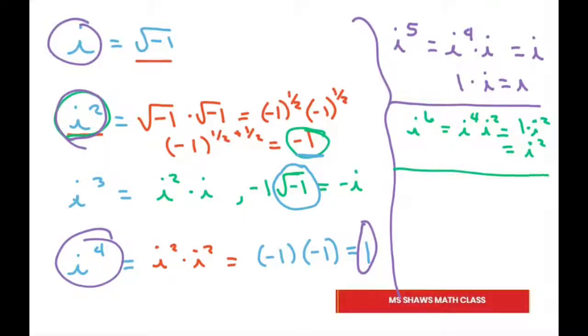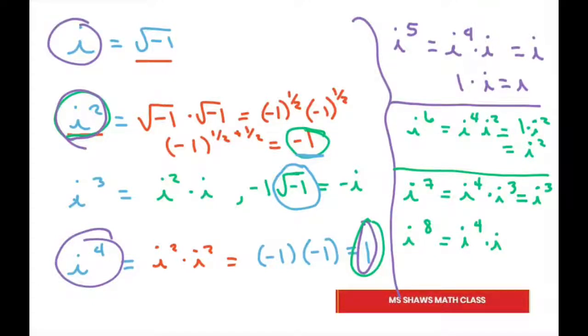And if you notice, it's going to keep repeating. i to the 7th equals i to the 4th times i cubed. And that's just 1 times i cubed, so that just equals i cubed again. And it just repeats itself every 4. i to the 8th is i to the 4th times i to the 4th, so that just equals 1. So we're back. It just repeats every 4.